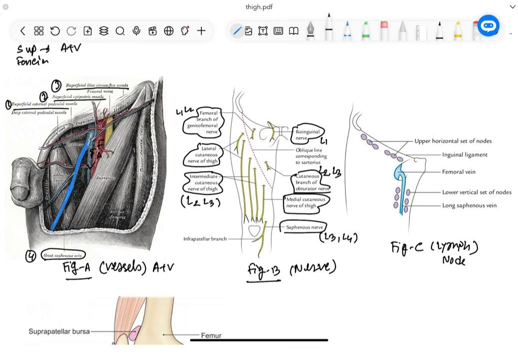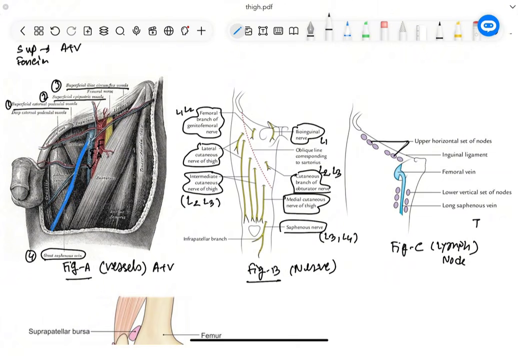After that we come to the lymph nodes. The lymph nodes are superficial and deep groups, but we are discussing the superficial fascia. The superficial fascia containing lymph nodes are shaped like a T, and it has two parts. One is the upper horizontal group.